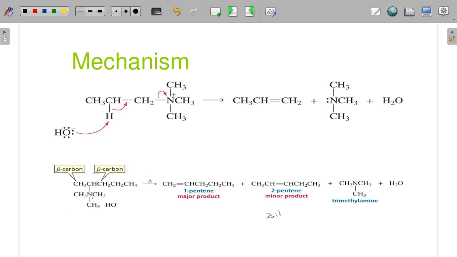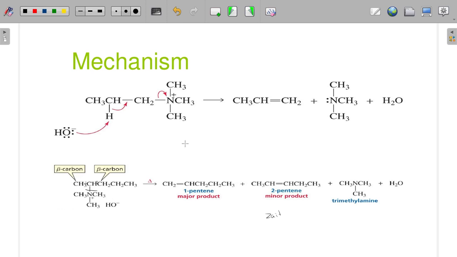Well, Hofmann products always favor a less substituted one, because we're breaking off right there, and we're either going to form a double bond here or here. Those are our 2 beta locations, but this is going to be right there at the end. Hofmann always favors the least substituted. So our major product is always going to be the double bond that has the most hydrogens off of it.